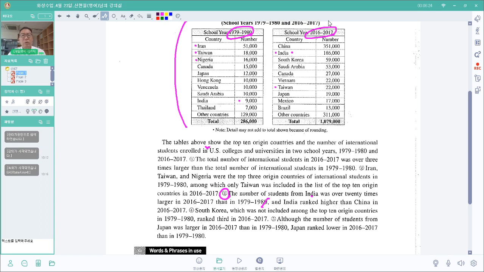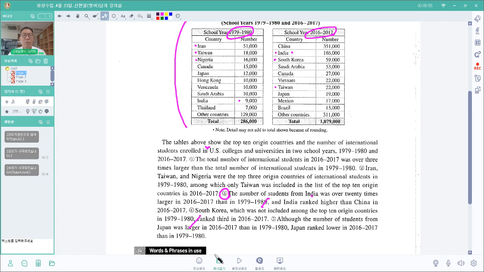And South Korea was not included among the top 10 origin countries in 1979. So here in 1979, South Korea was not included in the top 10, but ranked third in 2016. So here, in 2016, South Korea ranked third, right? And although the number of students from Japan was larger in 2016 than in 1979, Japan ranked lower in 2016.